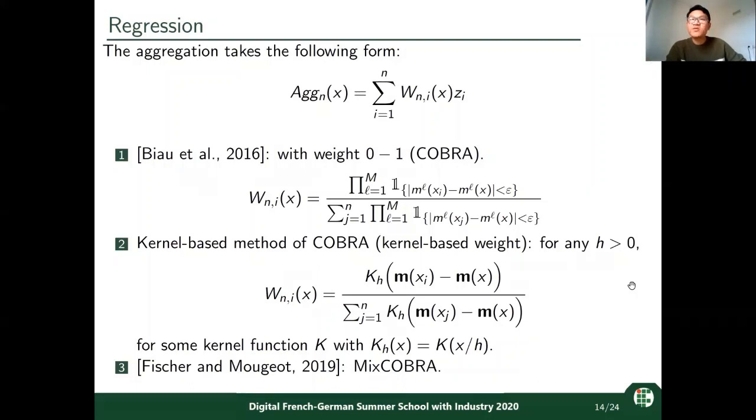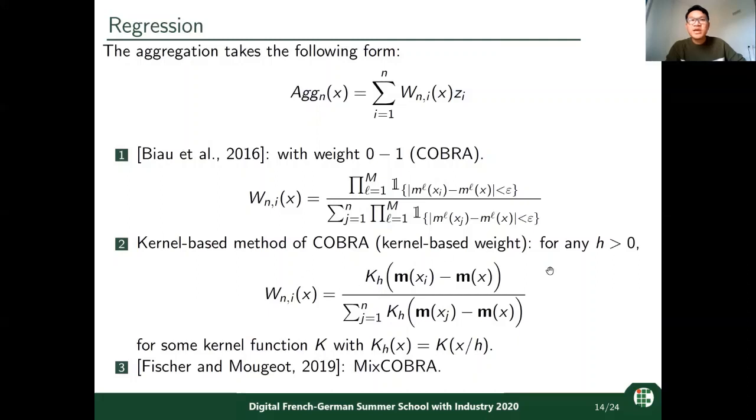We do not require that the predictions on the training data are exactly the prediction of X, but that they are close enough, meaning each component of the prediction is close at some level epsilon. If it satisfies this condition, we give this training data X_i a uniform weight, defined in this formula. The goal is to learn a good parameter epsilon, minimizing some cross-validation error.